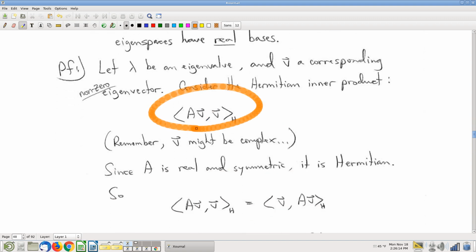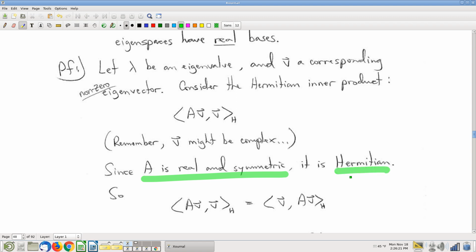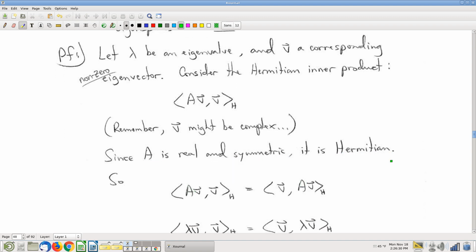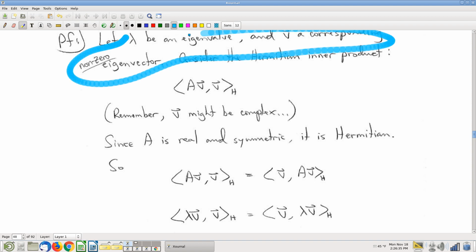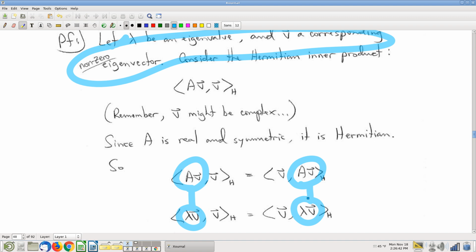Remember, the matrix is Hermitian. This matrix A, being real and symmetric, is Hermitian, so I can toss it over to the other side for free. We showed that. Now, don't forget as well, lambda is an eigenvalue and V is one of its eigenvectors. So AV is lambda V. That's just, write it down.